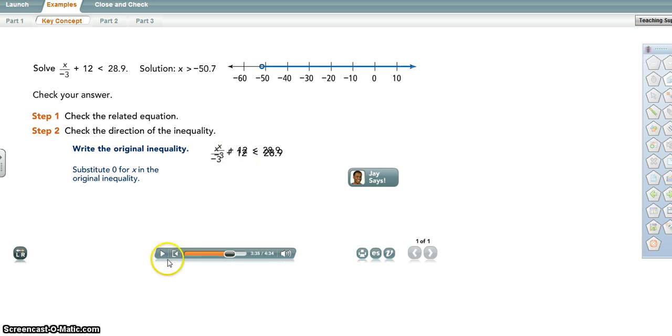Since we're talking about values that are greater than negative 50.7, we want to check one of those values just to make sure it works. There are lots of numbers that are greater than negative 50.7. 0 is one. So we're just going to check 0 to make sure that a number that is greater than negative 50.7 is going to work in our inequality. This should let us be pretty sure that we got the right result and we're on the right track.